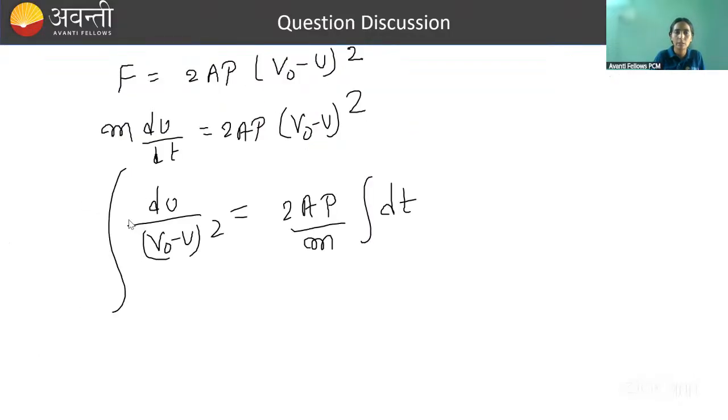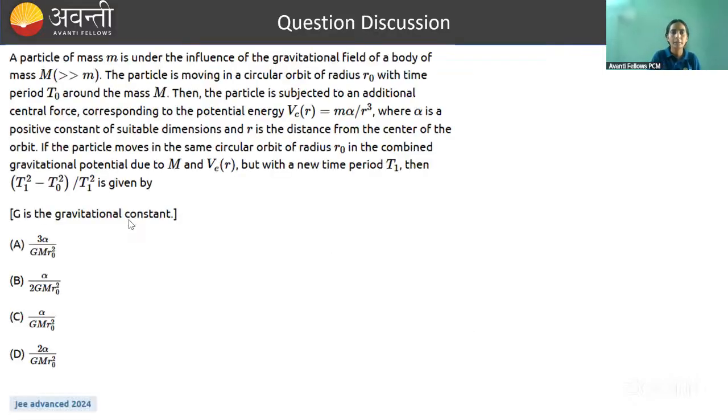So initially what will you write here, time 0 to 10 seconds. At time 0 see what speed of the cart is given, and then at time 10 seconds you will write speed u. You can integrate and get the answer. Okay? Now let's do this question.